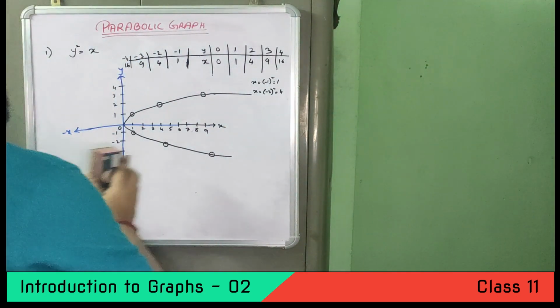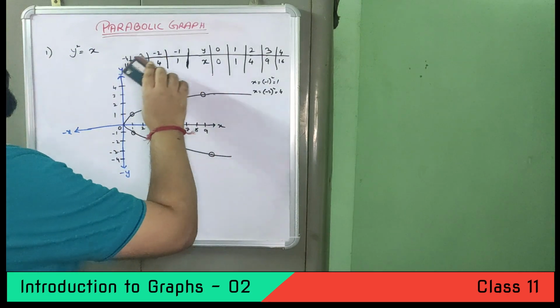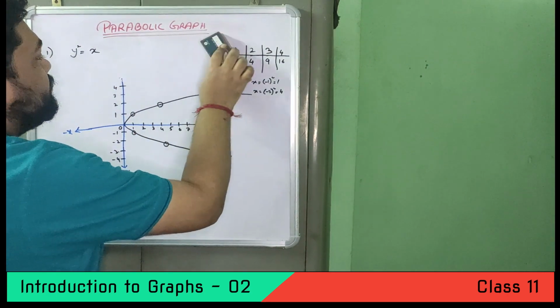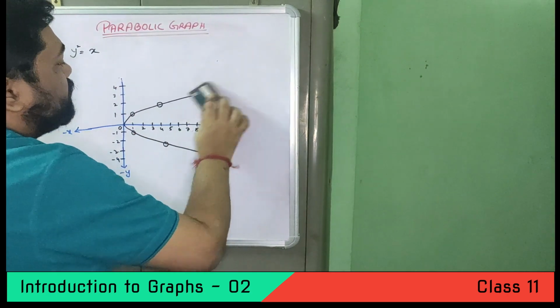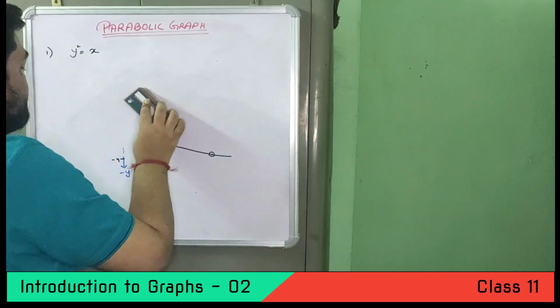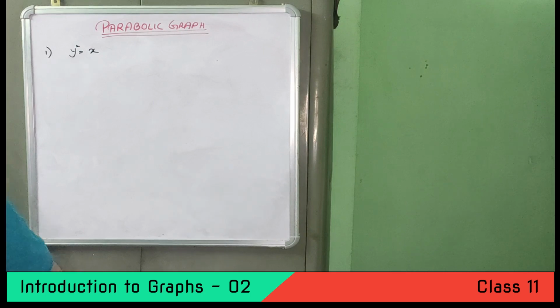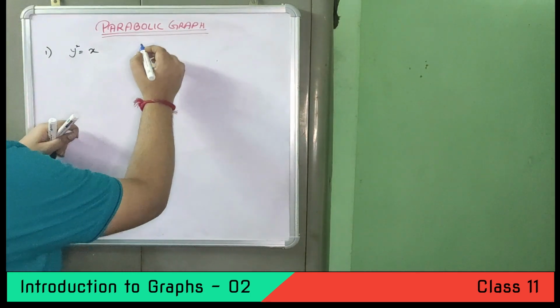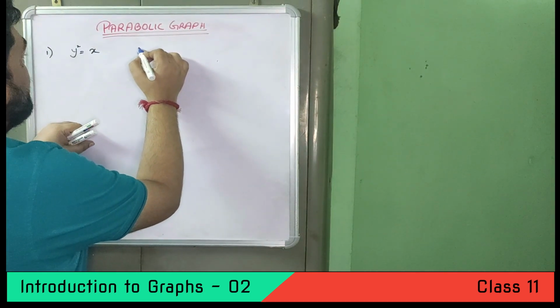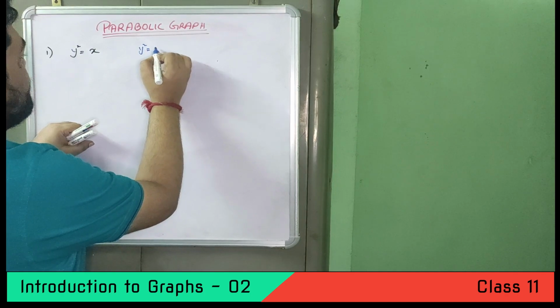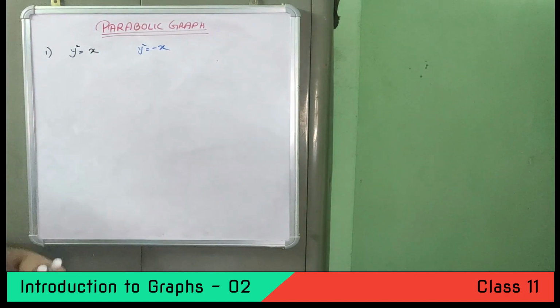Now I am giving you a small trick as to how to find how the plot will be by just seeing the equation, seeing the parabolic equation. Suppose you are given y square equals minus x, right?